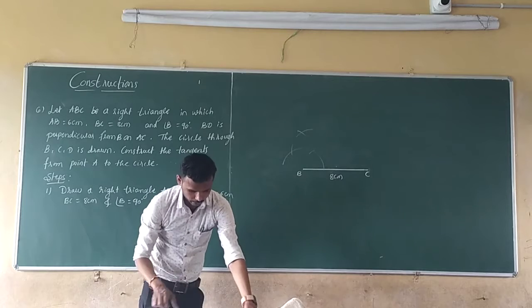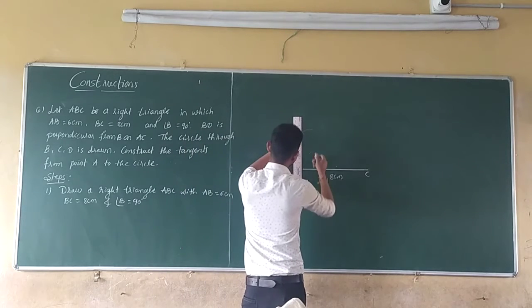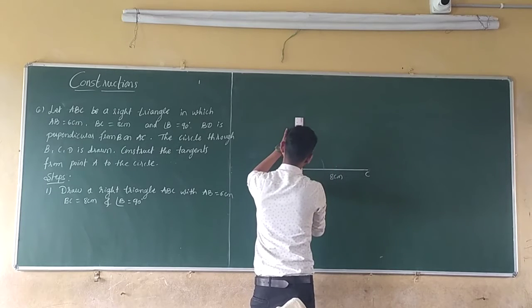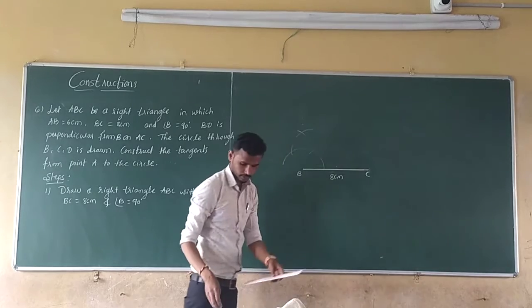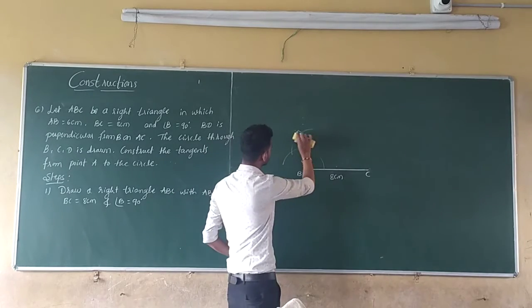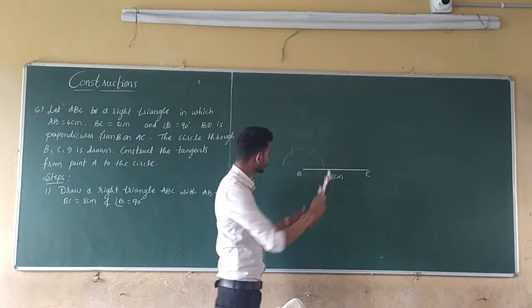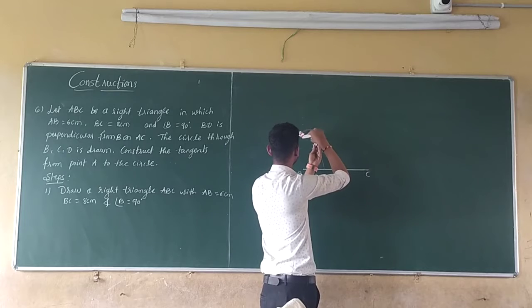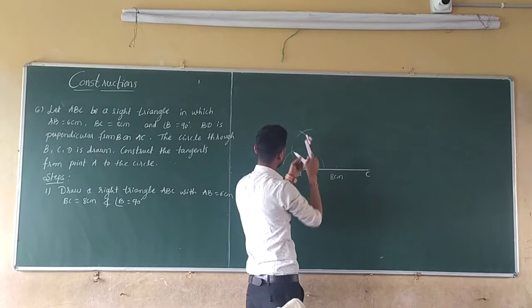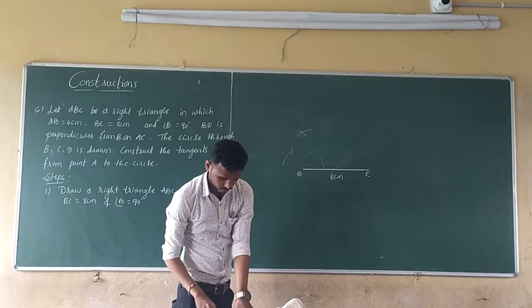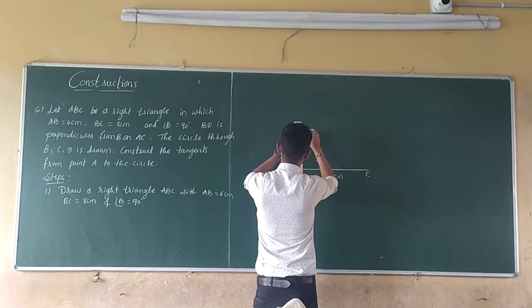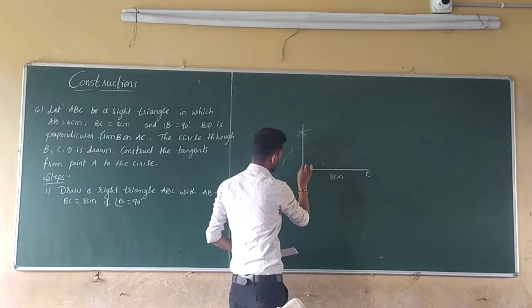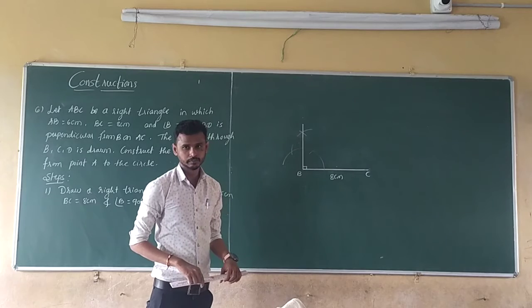Now where you get the intersection, through that draw the line. So this is 90 degrees.